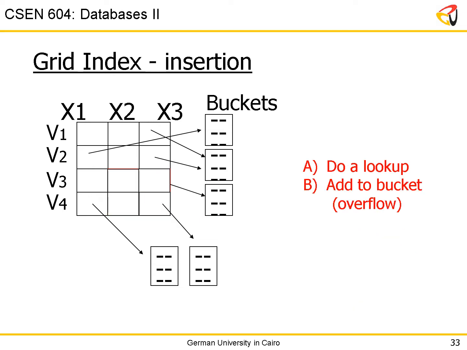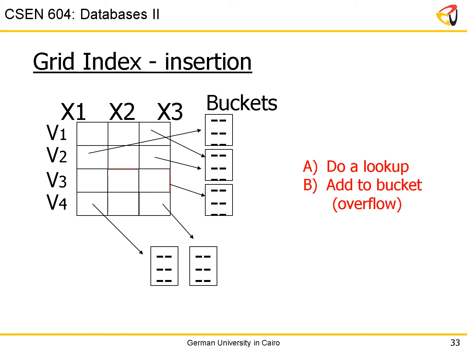So what I have been describing up till now is how we search in the grid index. The insertion is just following the same logic, because in order to find it using the algorithm we have been describing, which is looking up in every one of the dimensions for the specific range or value that we focus on and discard the rest, like focusing on x2 and discarding x1 and x3, or focusing on v3 and discarding v1, v2 and v4.